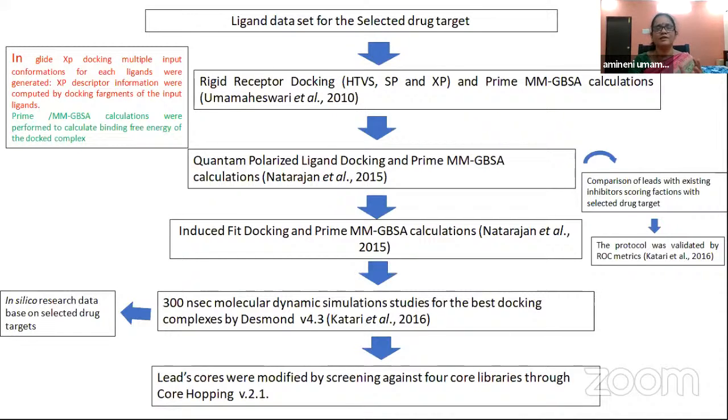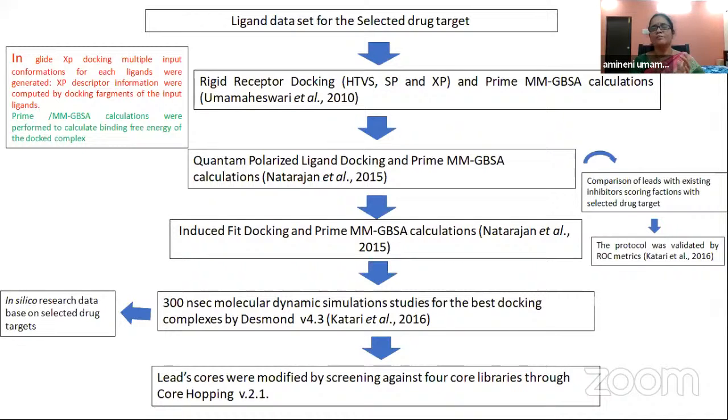So what we do is apply the quantum polarization only to the active site region, and we check under this condition whether the ligand molecule docks with the protein molecule or not. Once we get the QPLD scores with Prime MMGBSA, meaning the free energy calculation of QPLD docking, we will compare the lead molecules with the non-lead ligand molecules and the existing inhibitors.